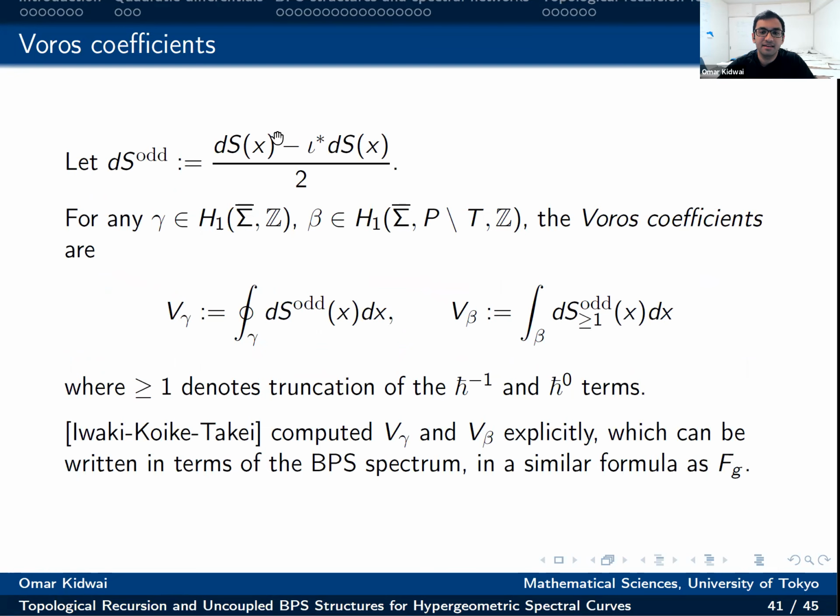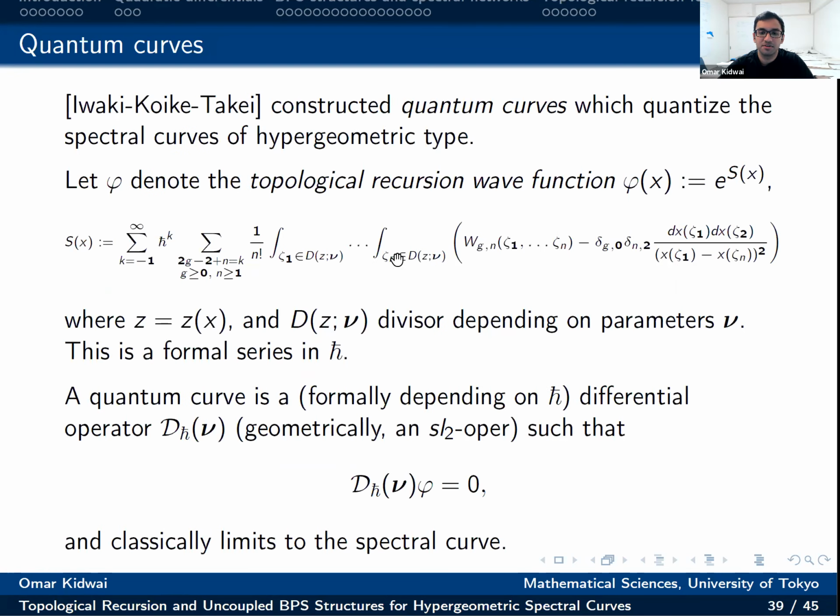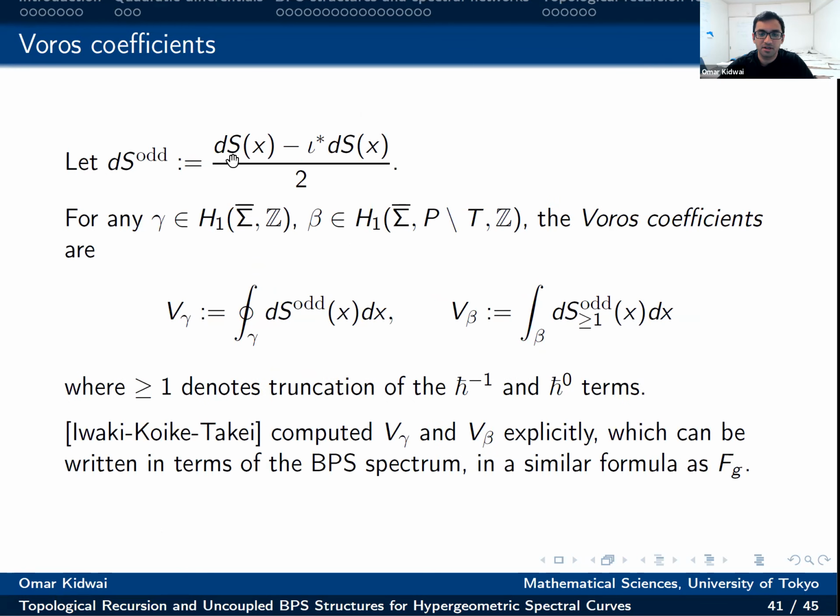And now if I take that S that I wrote down, I take this formal series from TR and take its odd part, and then I integrate the derivative. So I can integrate it in 2 ways. I can either take a cycle on the spectral curve cover, or I can take a relative cycle that goes from a higher order pole to another higher order pole. So for these two types of things, I can define a Voros coefficient for each one.